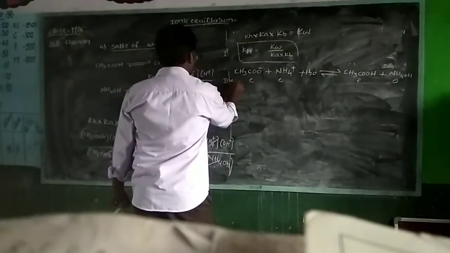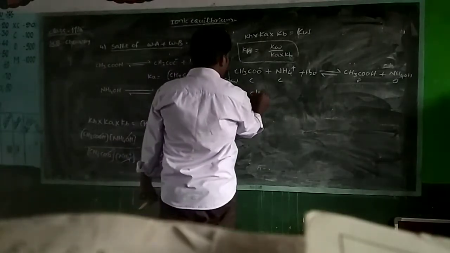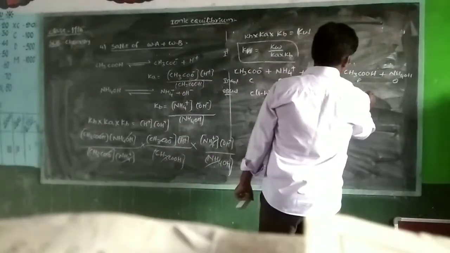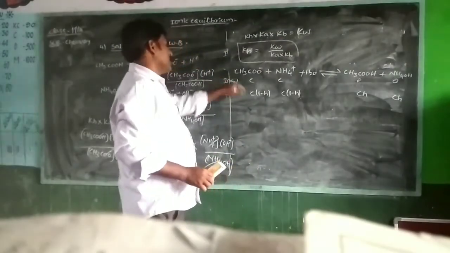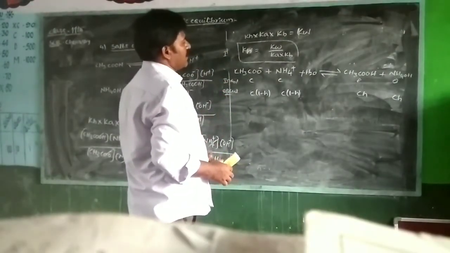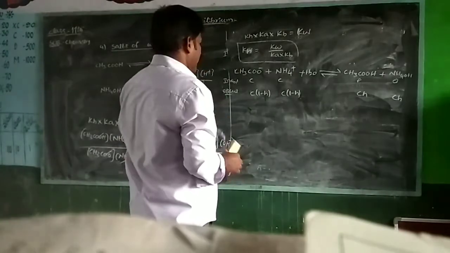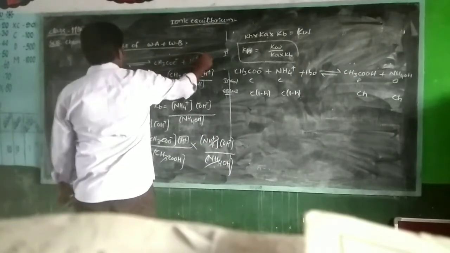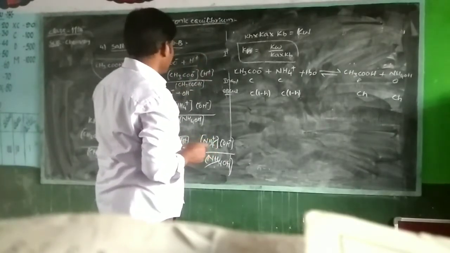At equilibrium it is C into 1 minus h, C into 1 minus h, Ch, Ch. The cation and anion hydrolyze to give acetic acid and NH4OH, but only the weak acid supplies H plus, so you can find the H plus concentration from it.